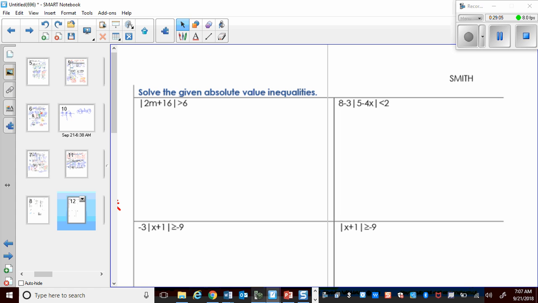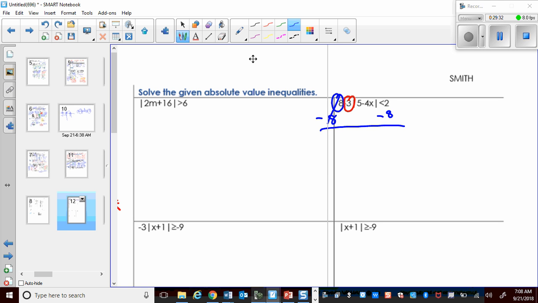All right, now, first things first. We need to take care of this number first, and then we're going to take care of that coefficient outside second. So anything outside we take care of first, leave everything else inside the absolute value brackets alone. So that means I'm going to subtract 8 on both sides.